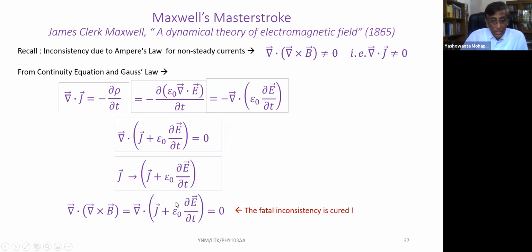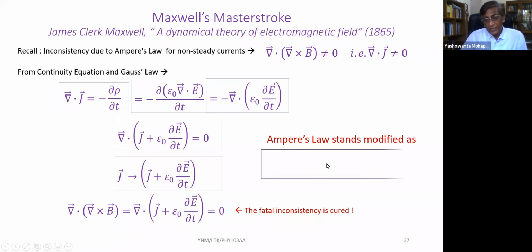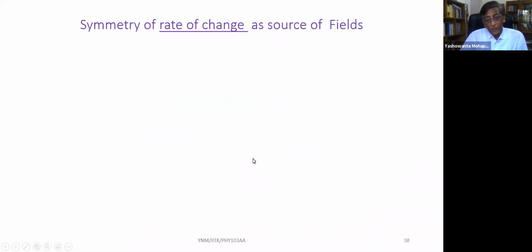If you admit that this can also be a part of Ampere's law, then Ampere's law stands modified as del cross B equals mu naught J, which used to be there, and now we just add this term. So J, and in addition mu naught times a new term which behaves like another current. This brings a certain aesthetic symmetry into the equations also: the symmetry of rate of change as source of fields.